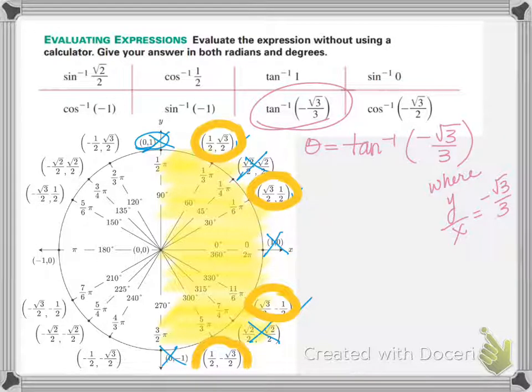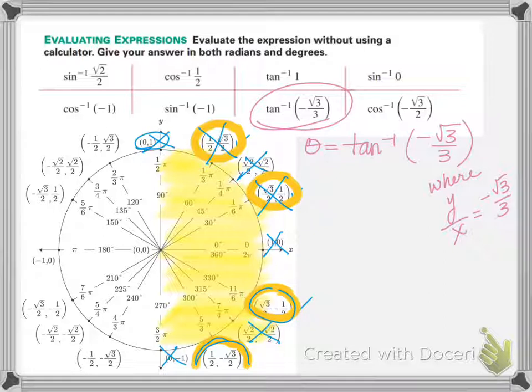But can we eliminate it even more? We absolutely can, because notice your answer is negative. So that means right off the bat, we can eliminate this one and this one because they're both positive. So we're only left with a 50-50 chance: this one right here and this one right here.